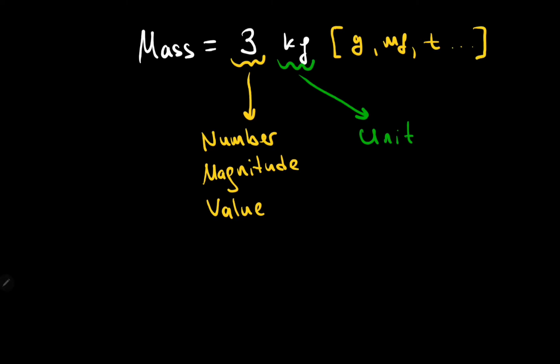All these things are units of mass. So basically, all physical quantities come with number, magnitude, and also they come with a unit. For example, kilogram is the unit for the mass. Centimeter is the unit for distance. Second is the unit for time, etc.